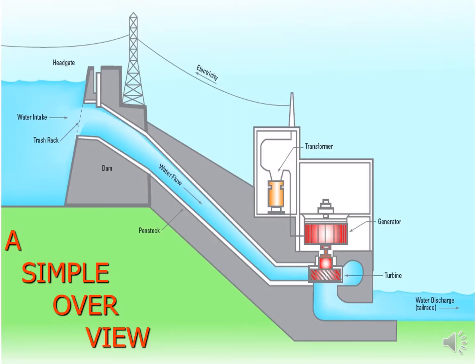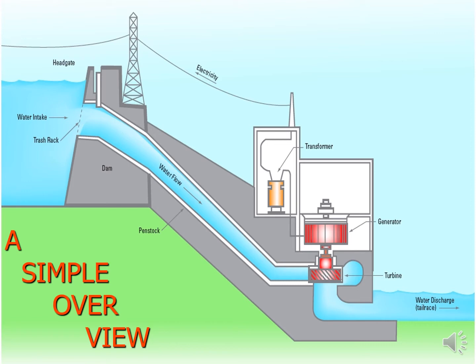Now see a simple overview of a hydropower plant. First is the water intake, second the trash rack, third the dam, then water flow, penstock, turbine, generator, transformer and electricity. At the bottom, below the turbine, you can see the water discharge, that is the tail race.